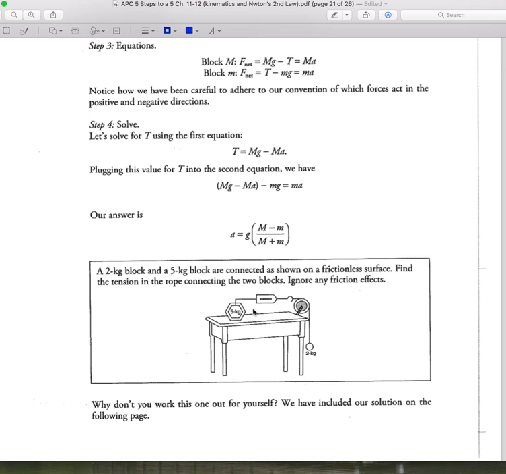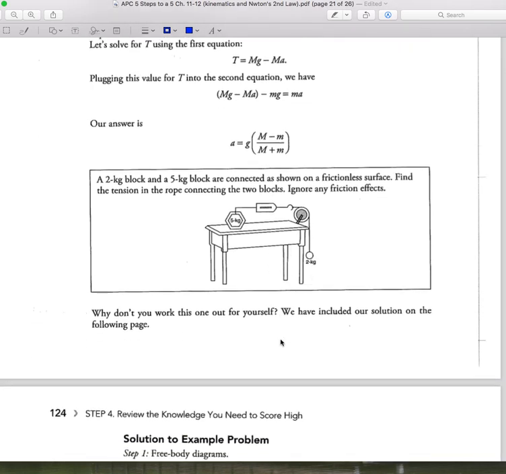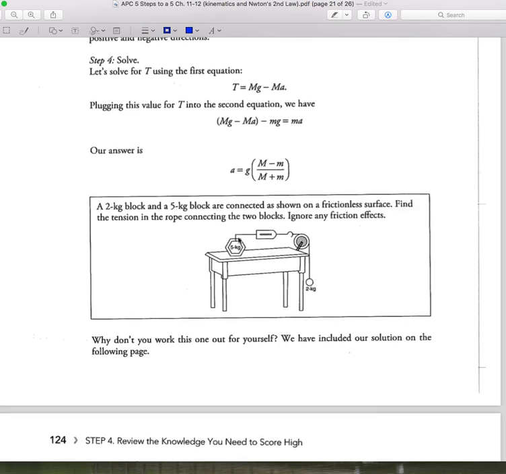So if there is an acceleration, this tension will be less because the upward force would be less than the downward force of gravity on this thing. So you sometimes could be asked, what's the minimum coefficient of friction here for this not to accelerate? Well, basically that means you'd have 20 newtons of tension in here. This has 50 newtons of weight, so the normal force is 50 newtons. So the minimum coefficient of friction would be 0.4, 20 over 50.